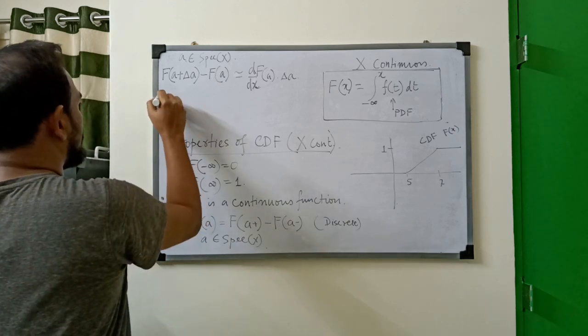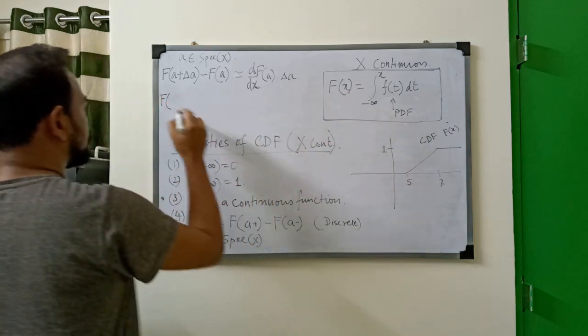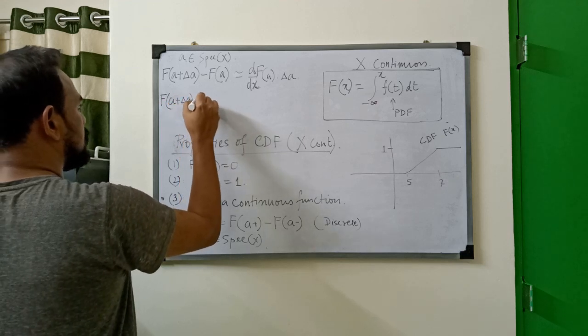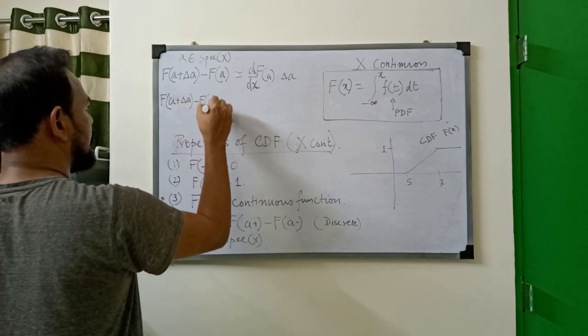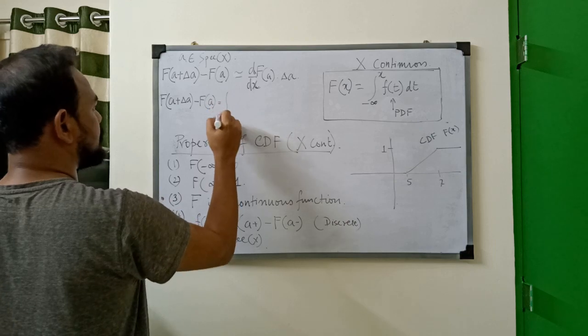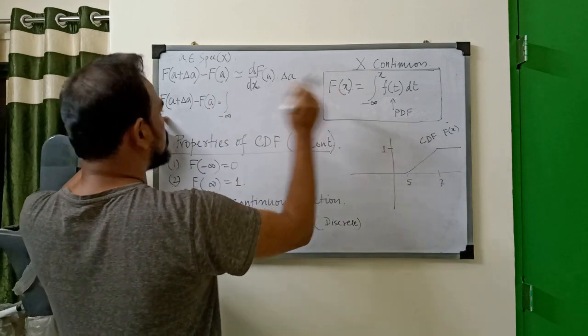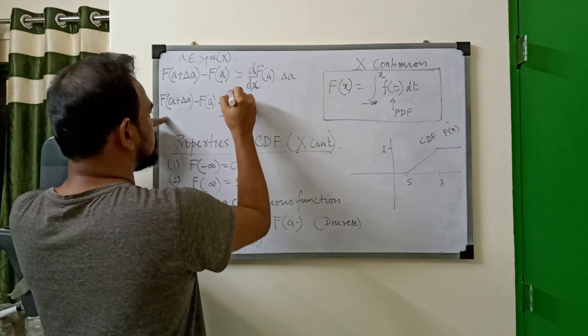And if you use this definition, F of a plus delta a minus capital F of a will be, well, this formula tells us it's an integration from minus infinity.